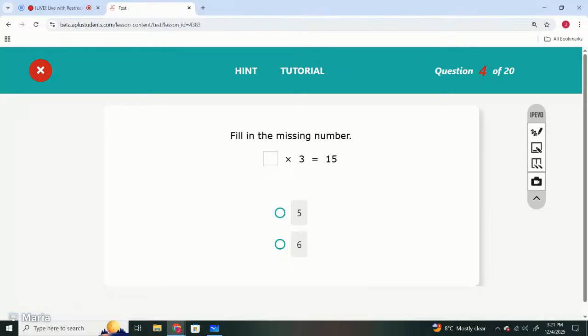So the correct option is 5. Option number 1 is the correct option.